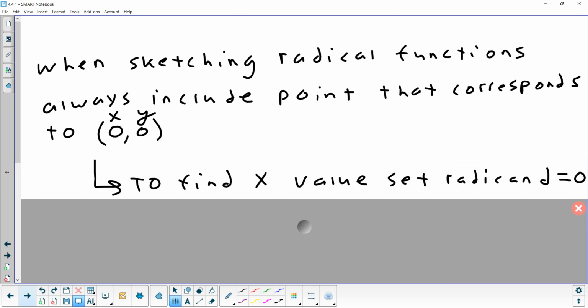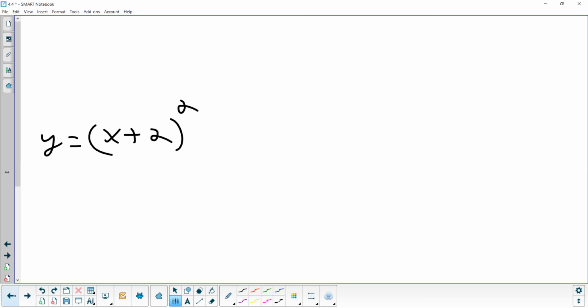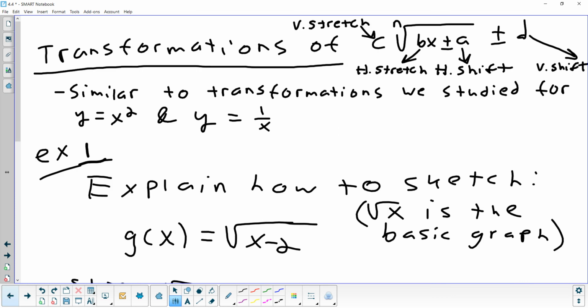To find the x value of that point, set the radicand equal to 0 and solve. And remember, the radicand is this. Set that equal to 0 and solve.